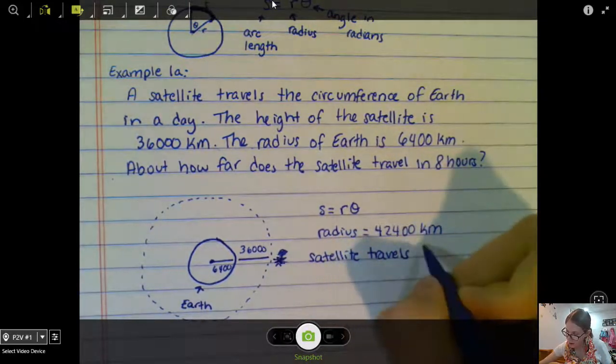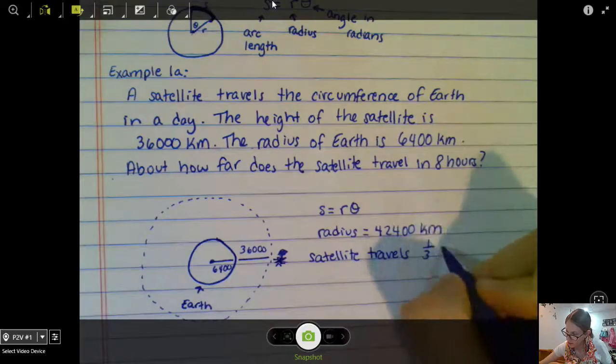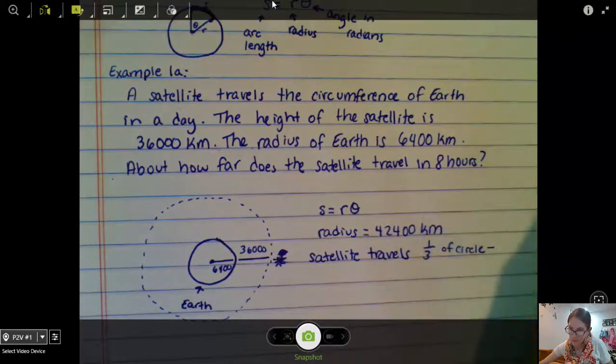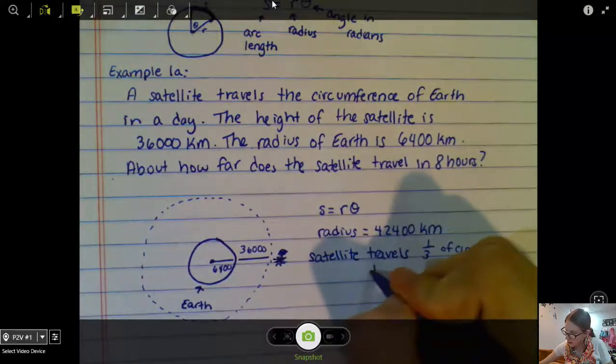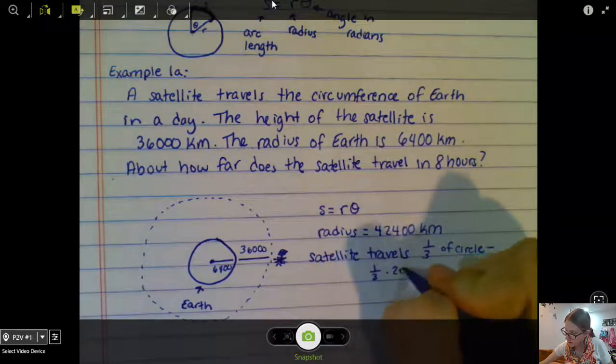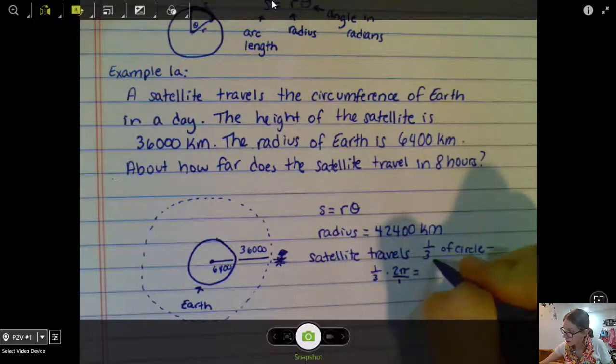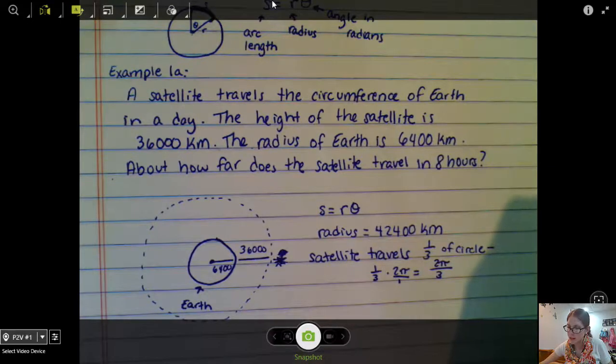So the satellite's going to travel a third of the circle. And a third of 2 pi, think of that as 2 pi over 1, is 2 pi over 3 radians.